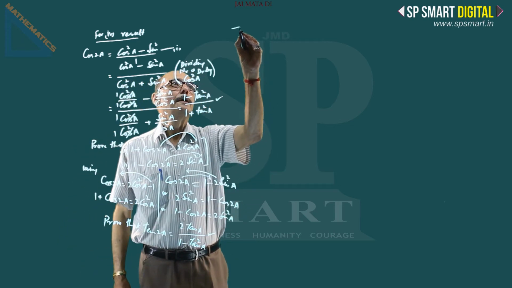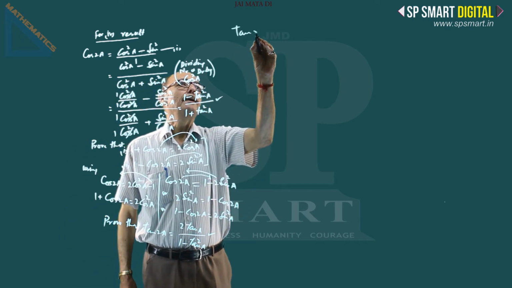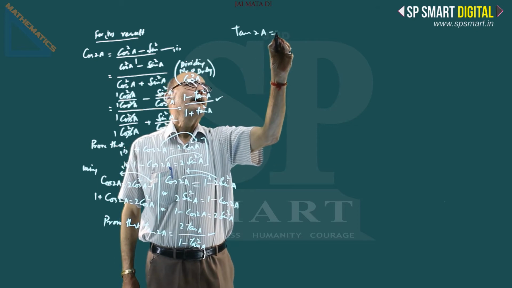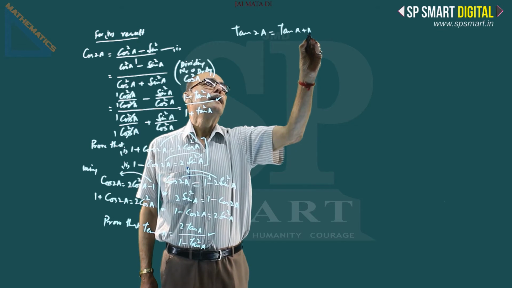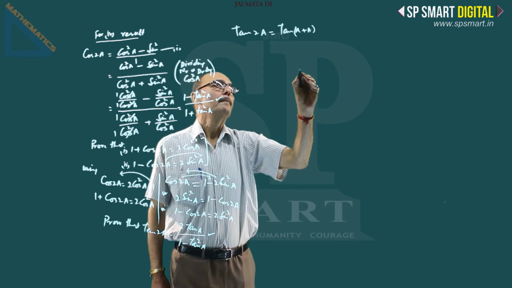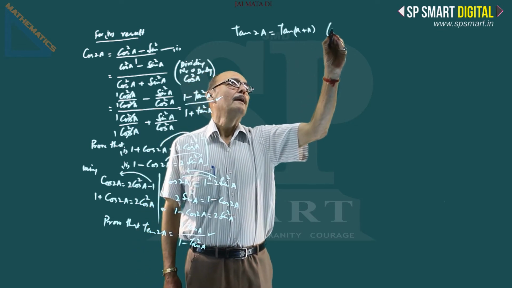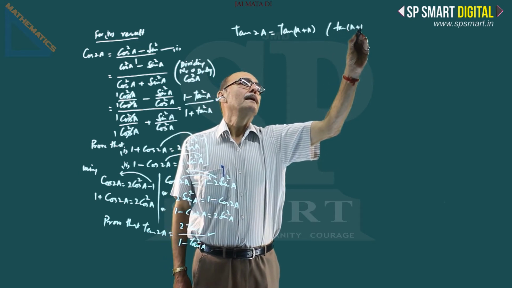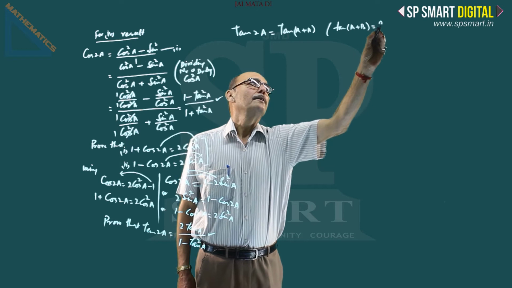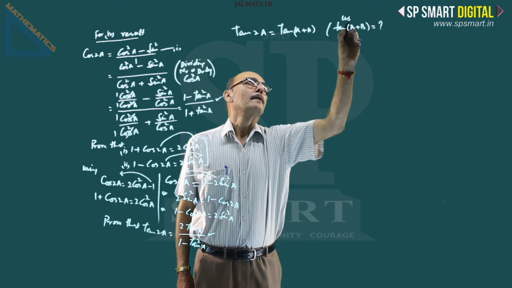So, tan 2A can be written as tan of A plus A. Making use of the formula tan of A plus B, this formula, using this.